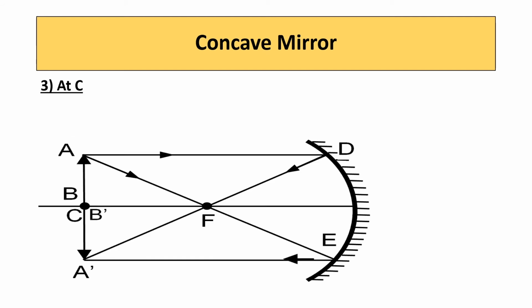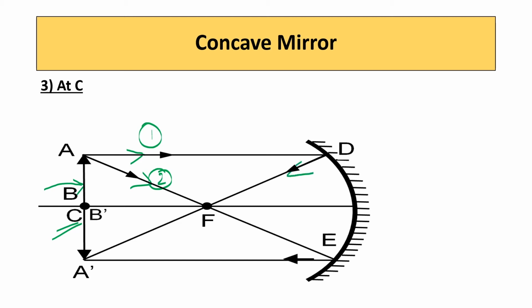What happens to the image when the object is placed at center of curvature? AB is the object which is kept at the center of curvature. This is the ray 1 and this is the ray 2. Ray 1 is ray AD and it is reflecting like this.